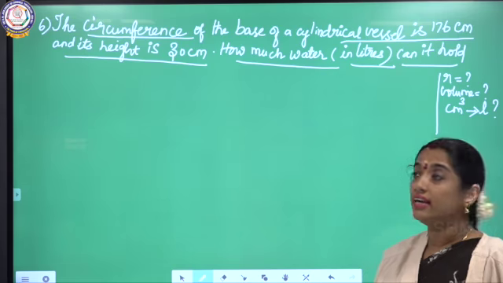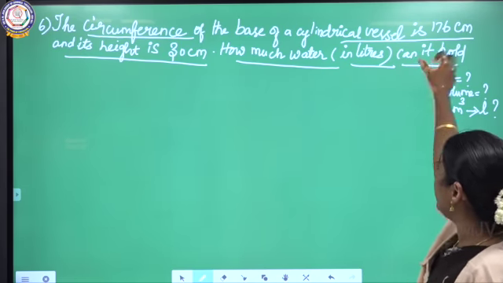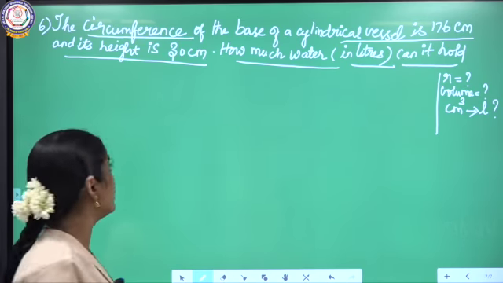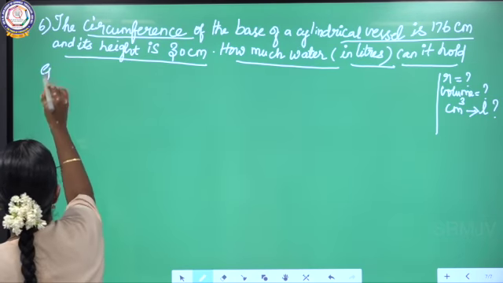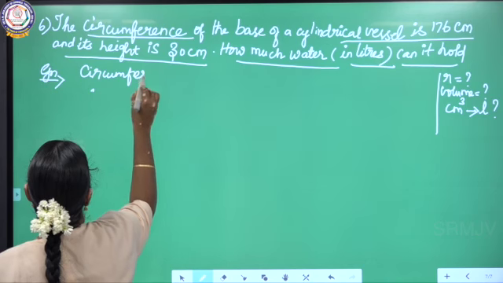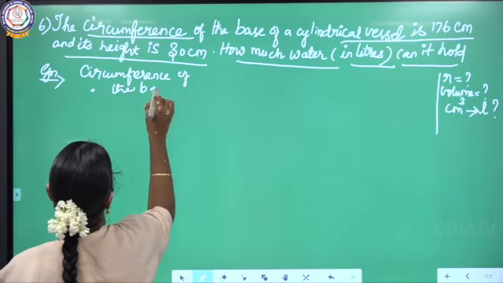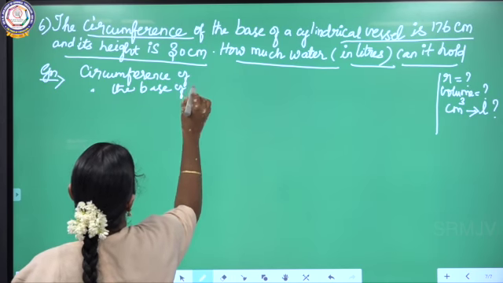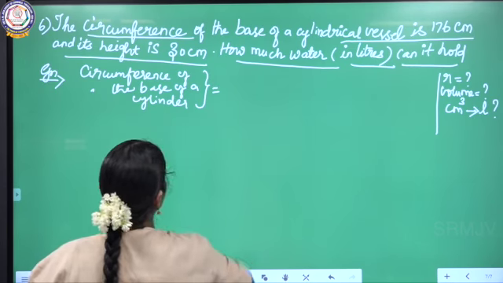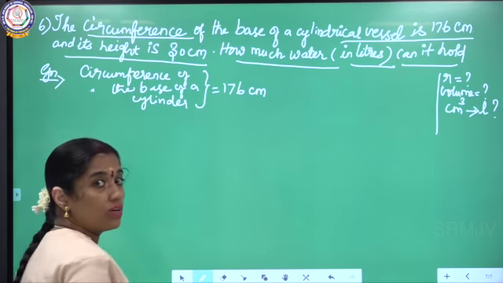Can you clear this? The circumference of the base, I am going to substitute into the formula. In that I am going to find out the radius. Can you clear this? Listen. Given: circumference of the base of a cylinder is equal to 176 centimeter.